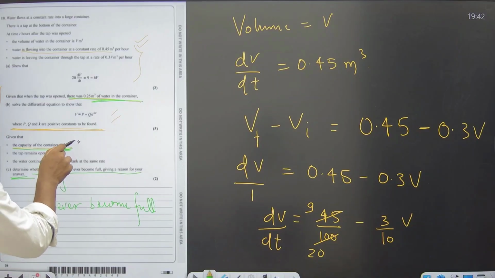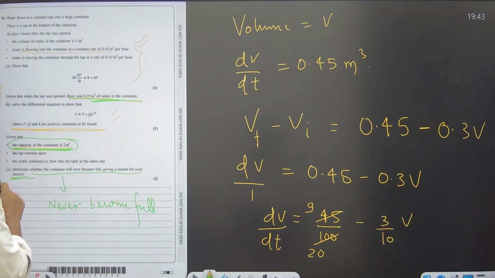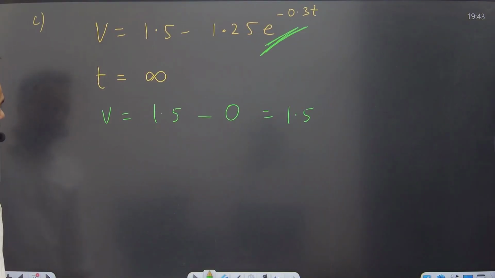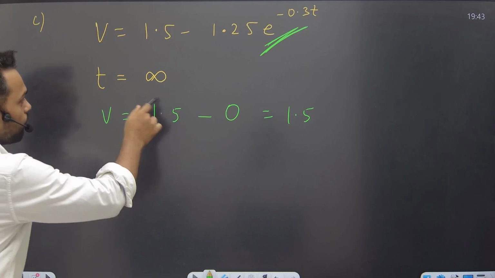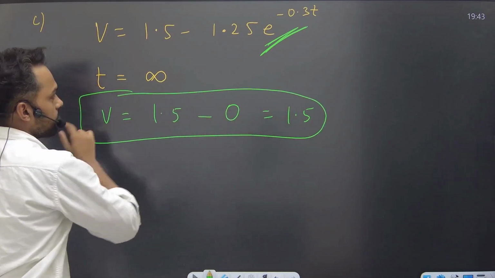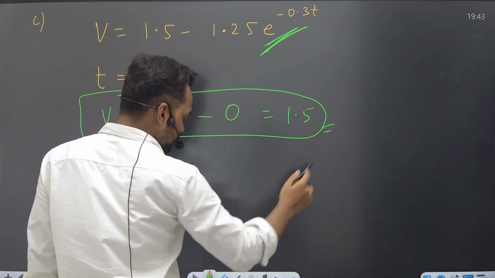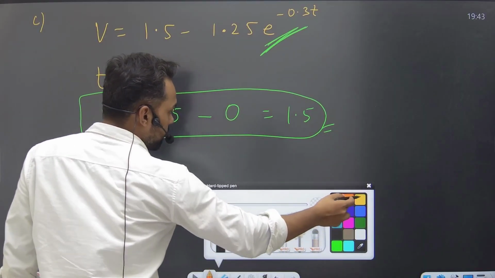Because the capacity of the container in the C part is 2 meter cube, but what we have calculated, the upper limit, will be 1.5 according to our expression. So we can say that it will never become full.